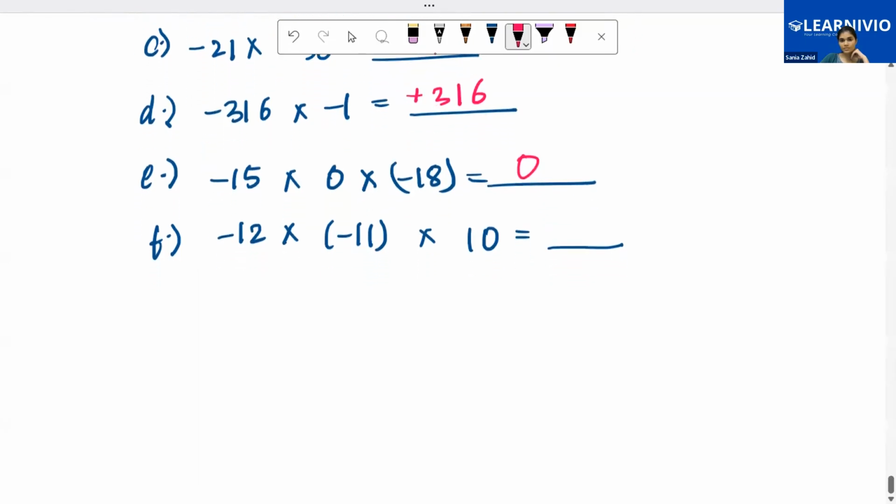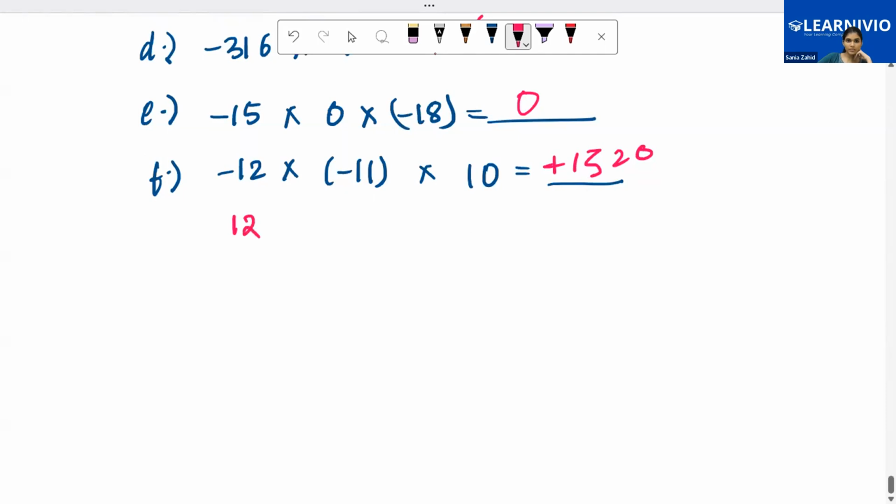What's the next one? Positive 1320. Let's check. So you first multiply 12 with 11. Okay, your answer is correct.